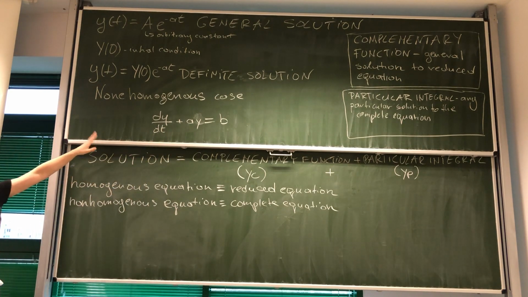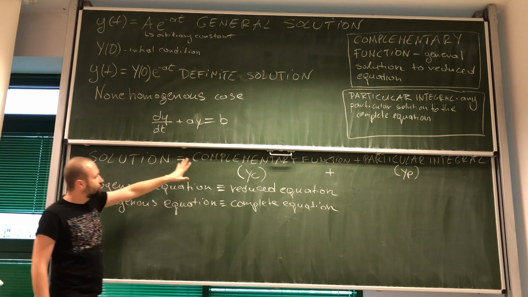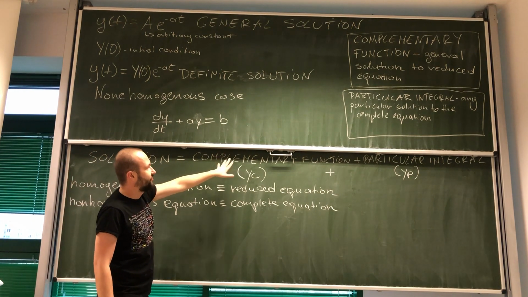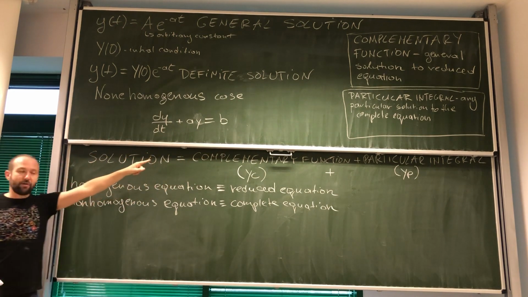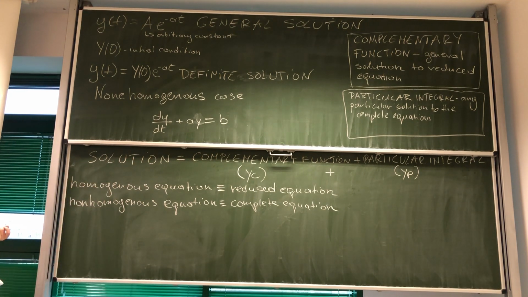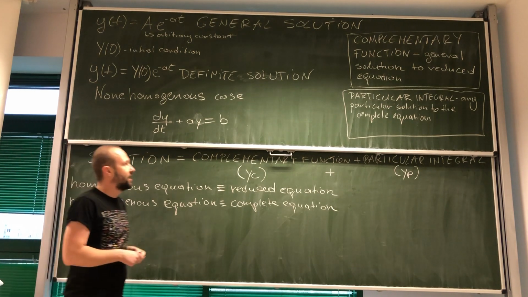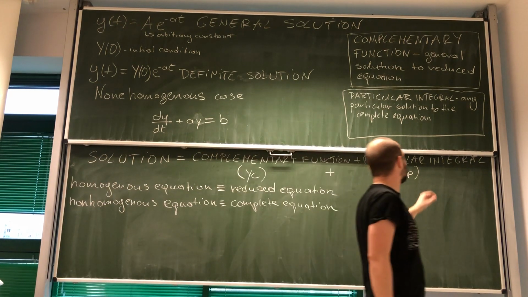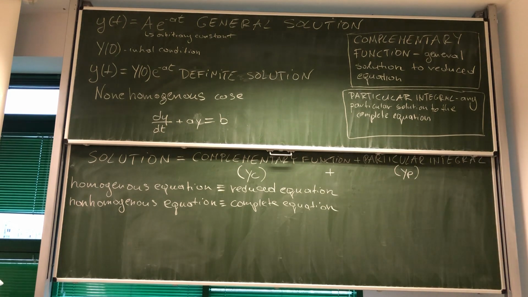But in non-homogeneous case, we need a little bit more, right? Because thus far, we've got just complementary function. We need to also find particular integral. But let's again look at the definition of the particular integral. This is any particular solution to the complete equation.